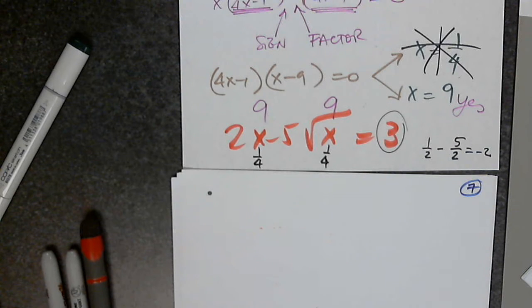So for this test, will there be factoring with the leading coefficient that's not 1? It's a very good question. Well, I would like you to review it. We are going to look at that entire chapter again.